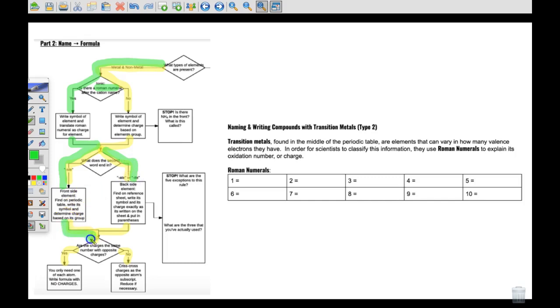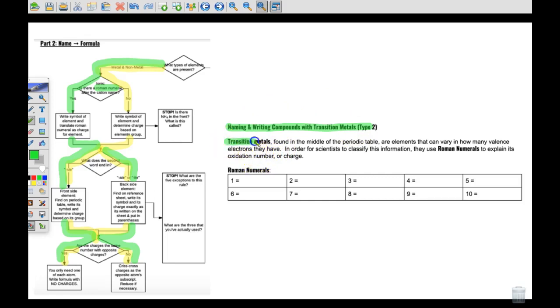After that step, the pathways would remain the same, which indicates that the processes are similar except for the step that is indicated by a Roman numeral. Using the same color in your portfolio, find the note sheet that's labeled Naming and Writing Compounds with Transition Metals, Type 2. This green pathway and this note sheet will go together.